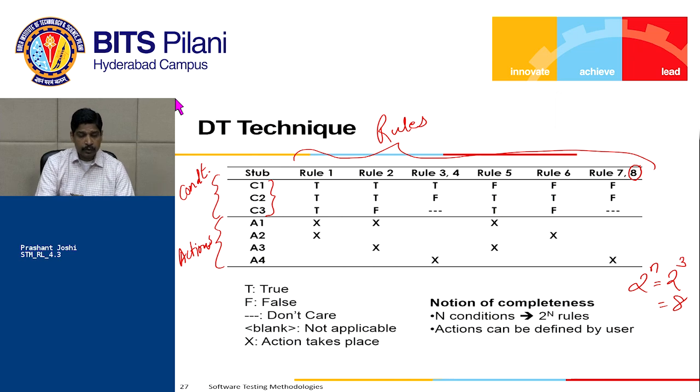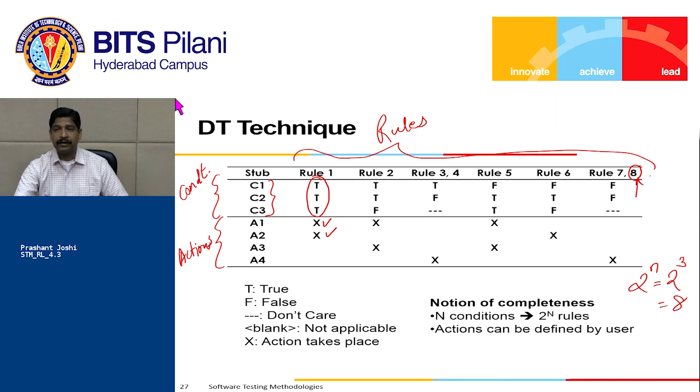So true, true, true would mean that condition C1 is true, condition C2 is true, and condition C3 is true. All three have to be true for this action to take place. That's how we start defining, and now you know why we get 8.